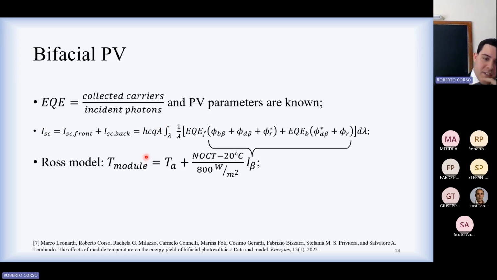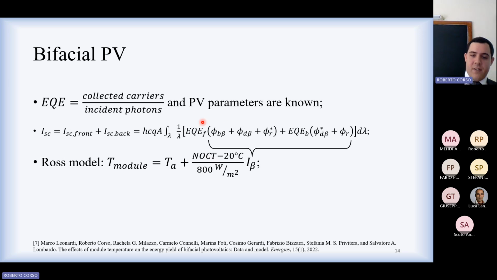We also need to estimate the temperature of the module, and this is done again with a model that has been defined more or less in the 70s by Ross, which comes from a measurement of ambient temperature and makes use of a standard parameter, the nominal operating cell temperature, which is the temperature measured in a set of standardized environmental conditions.